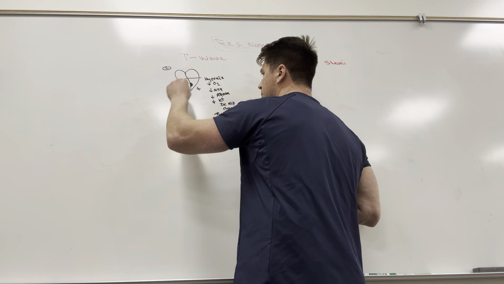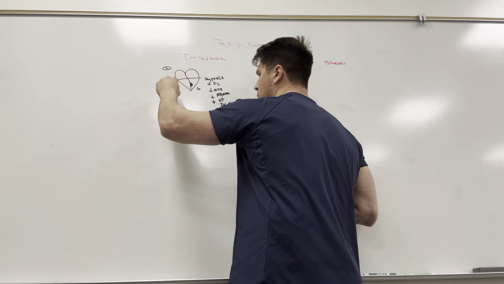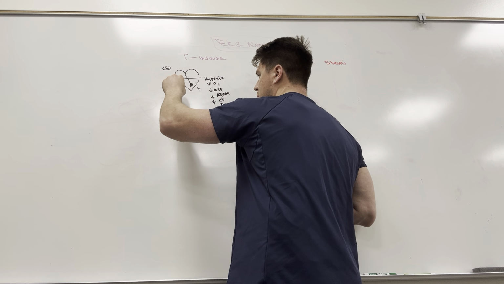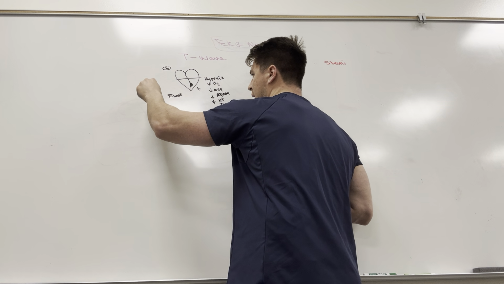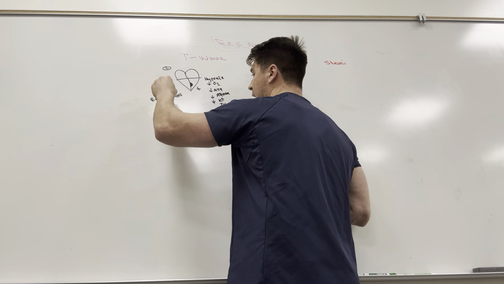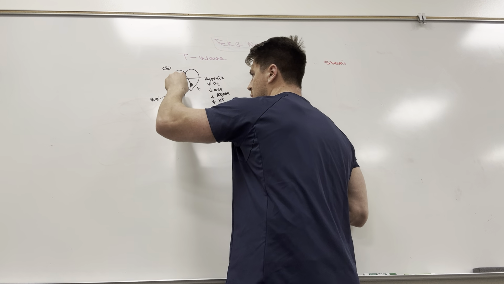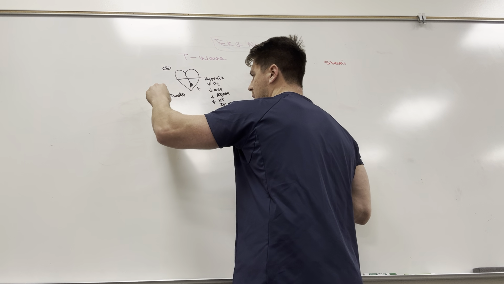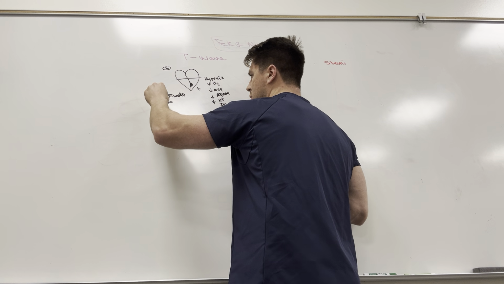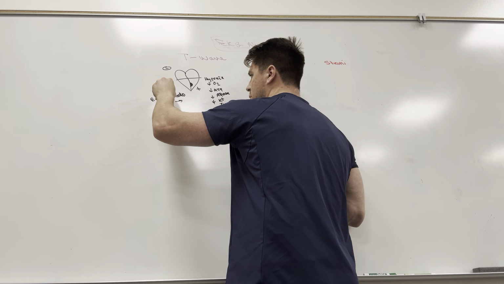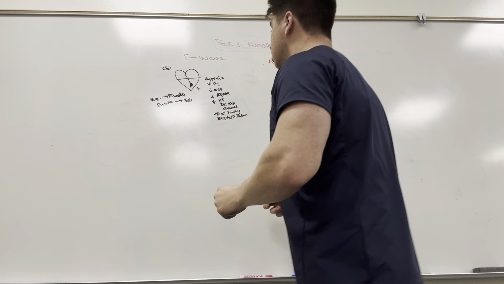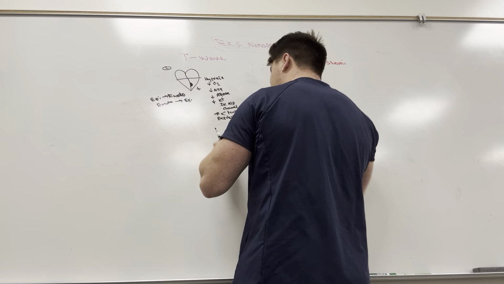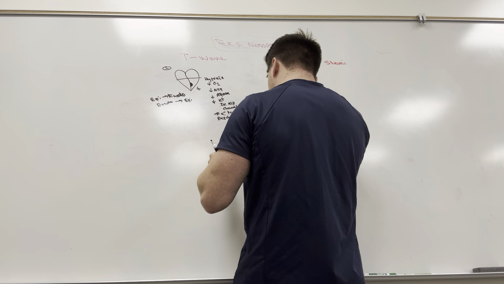And so we end up mixing it up because we want to go epi to endo, and what ends up happening is we go endo to epi. And we have the death of these cells here because of that.